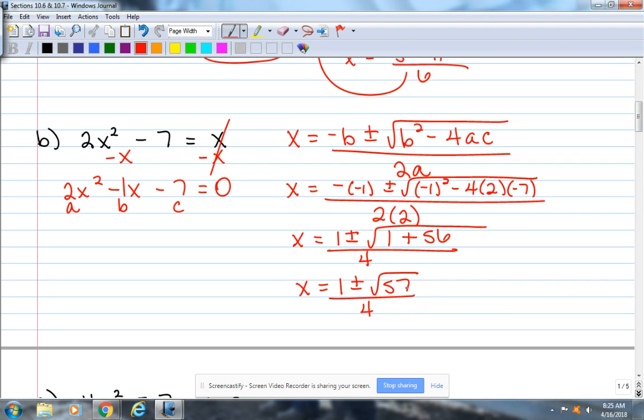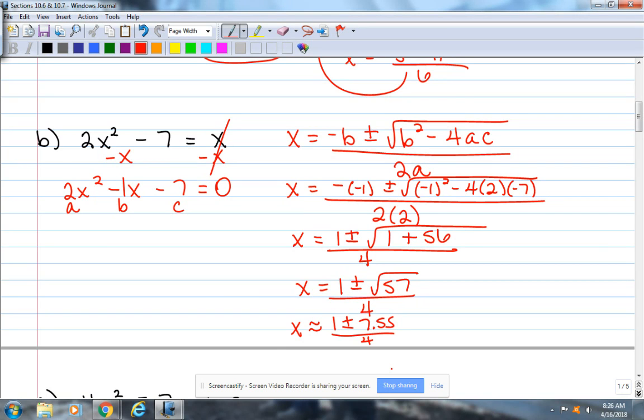Go ahead and round that to about 2 decimal places. Square root of 57. That's 7.55. So this is, I'm going to say approximately, because I'm rounding. 1 plus and minus 7.55 divided by 4.